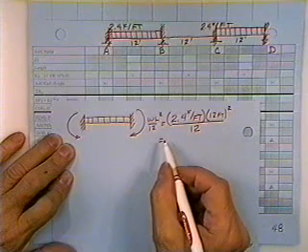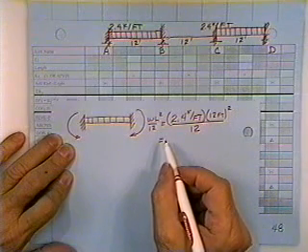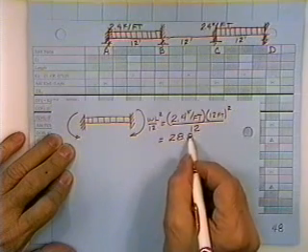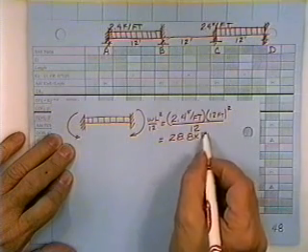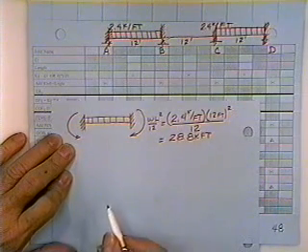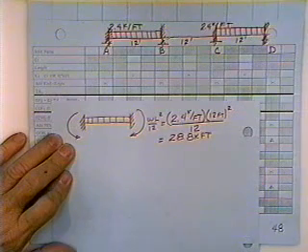That calculates out to be 28.8 kip feet. And that is obviously, since both ends have the same moment on them, that's the same number on both ends.